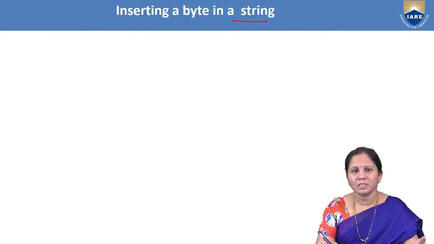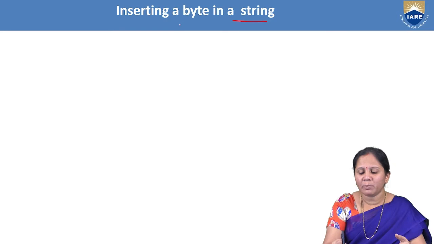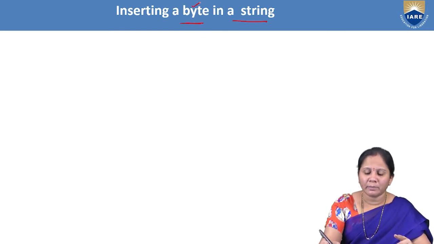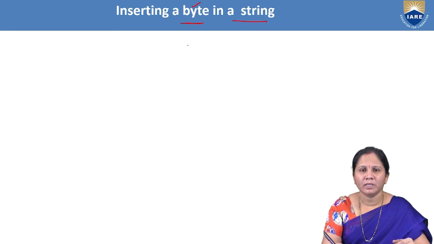After making all this, we have to see the output in the destination register. So here, since we are performing the string manipulation operation of inserting a byte in a string, we will insert a number which is of byte size in a string.